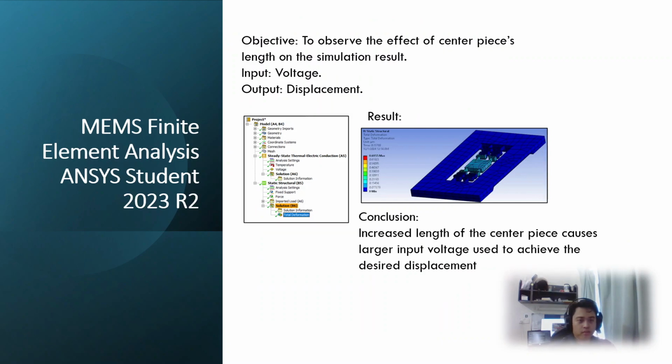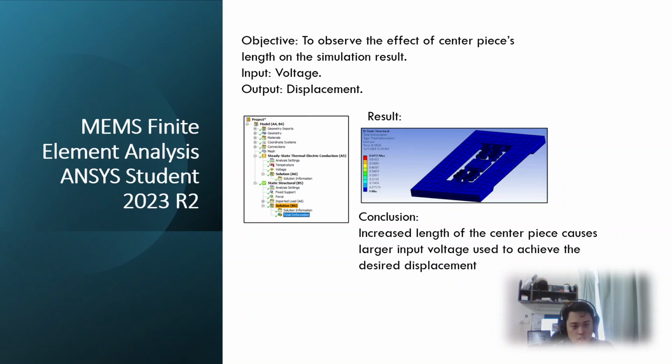The objective is to observe the effect of center piece length on the simulation result. The input and output of the simulation should be the same as the previous or the original, which are the input is voltage and the output is displacement. This is our result.